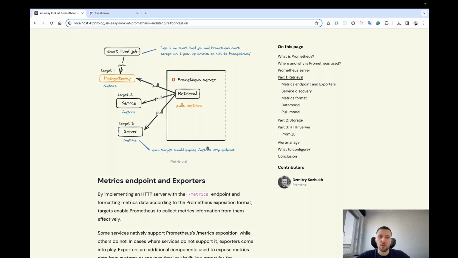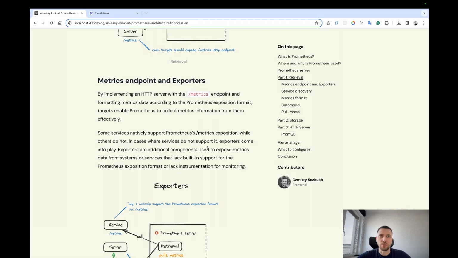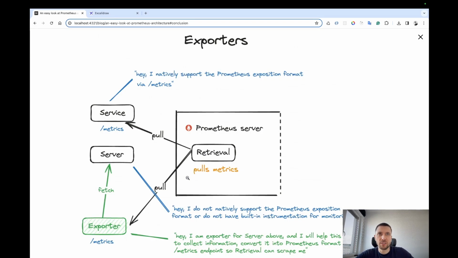Okay, so let's talk about the metrics endpoint and exporters. By implementing an HTTP server with the slash metrics endpoint and formatting metrics data according to the Prometheus exposition format, targets enable Prometheus to collect metrics information from them effectively. Some services natively support Prometheus slash metrics exposition, while others don't.